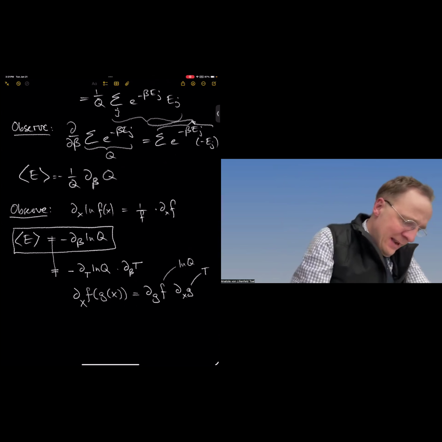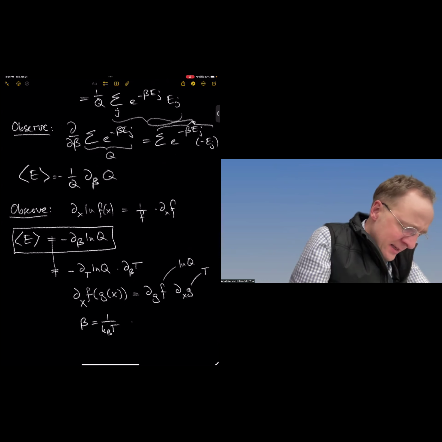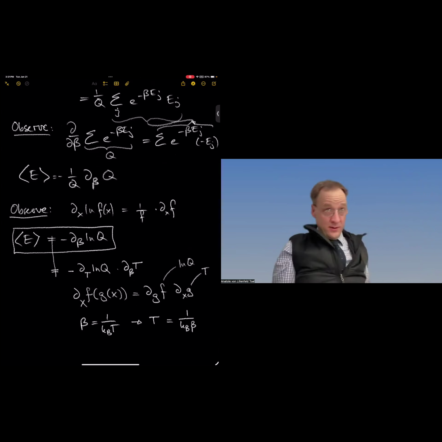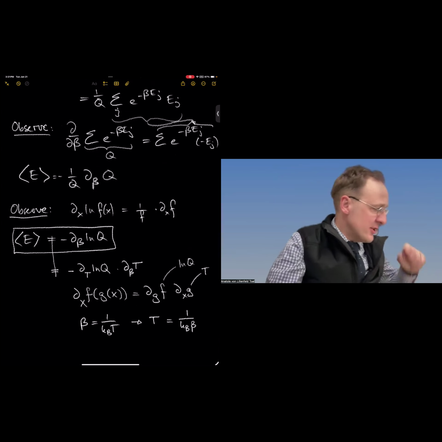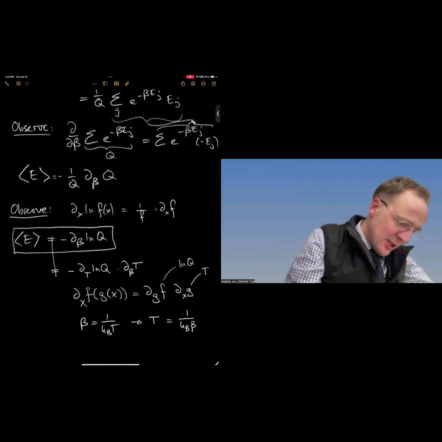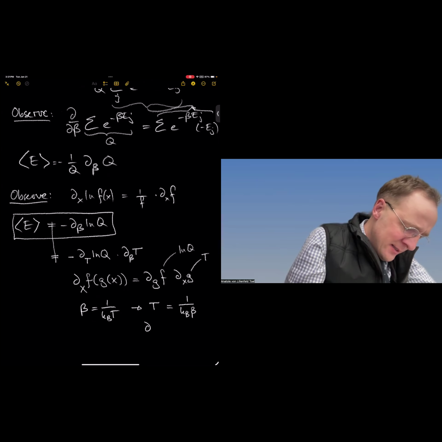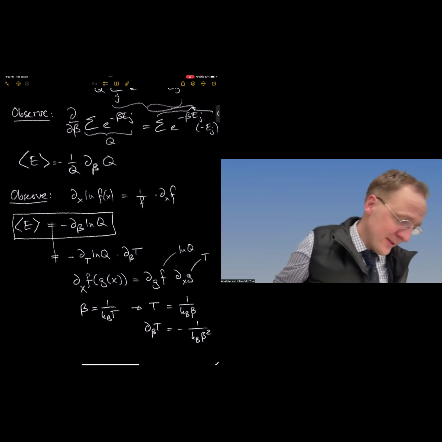Now, we have a definition of beta as 1 over k_B T. And that, of course, means that if we rearrange, T is nothing else than 1 over k_B beta. Okay, that's the same. Just rearranging things. And so if I differentiate my T with respect to beta, I get minus 1 over k_B beta squared. All right.